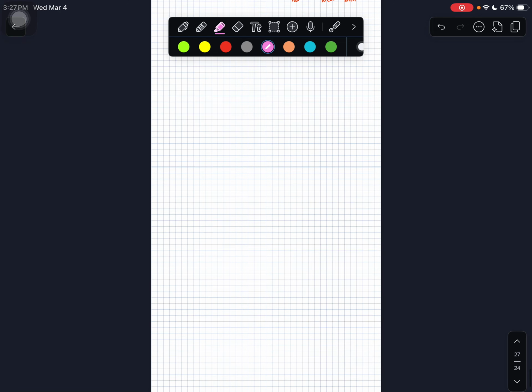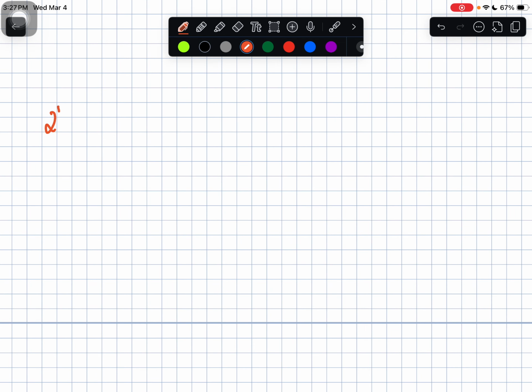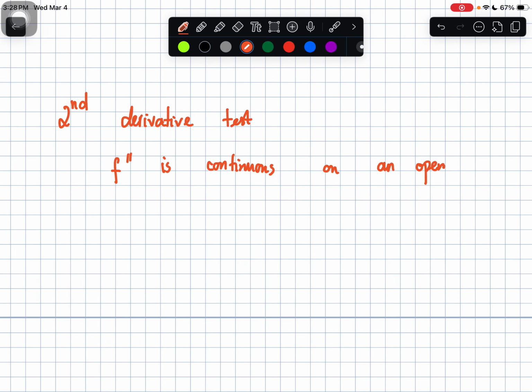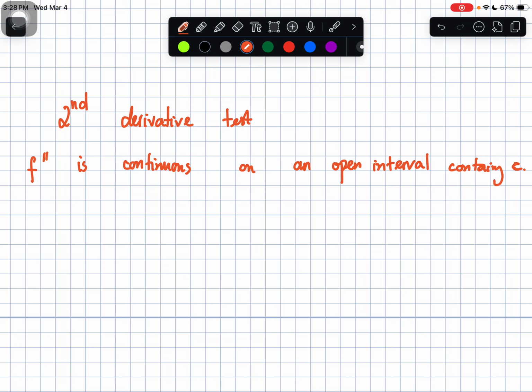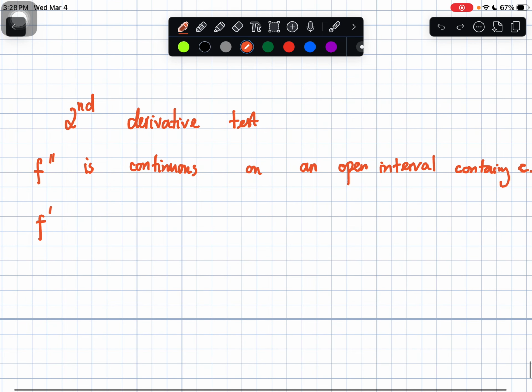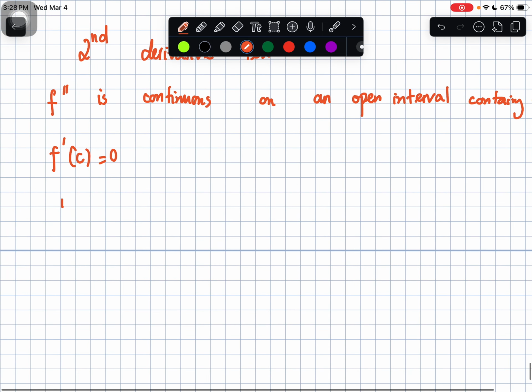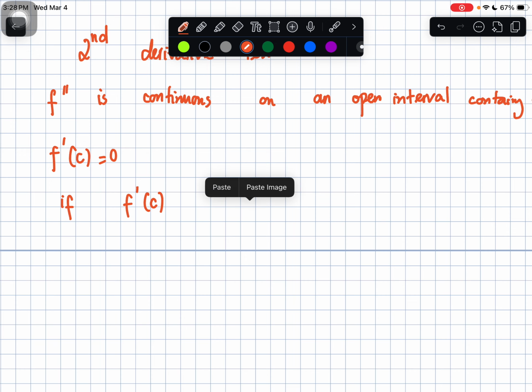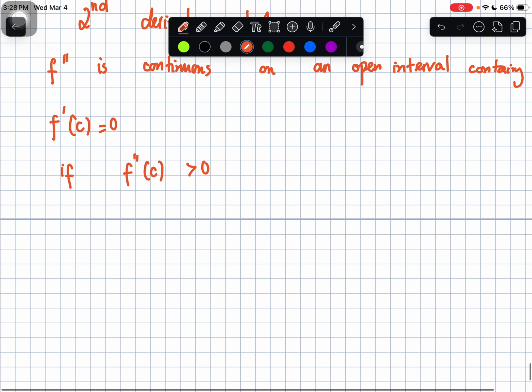Now let's do it for the second derivative test. The second derivative test says that f double prime is continuous on an open interval, f prime at c is 0, and if f double prime at c is positive, this means c is this point.